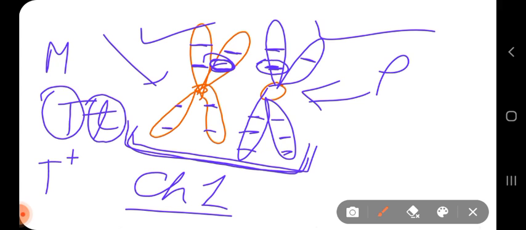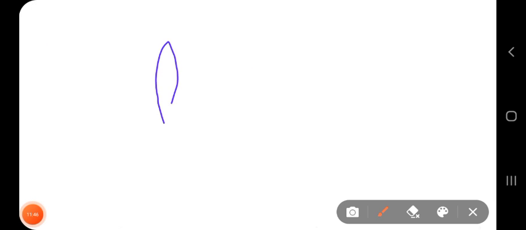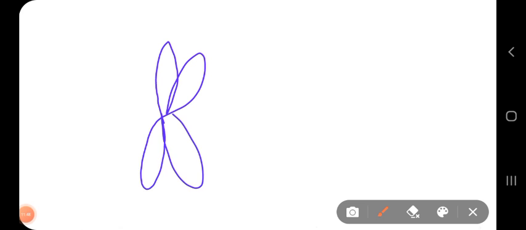That simply means if this is one chromosome and this is another chromosome taken from father, the same homologous chromosome, and suppose this location of the chromosome has a recessive allele and on that same location there is another recessive allele for that same character, then only they will express.